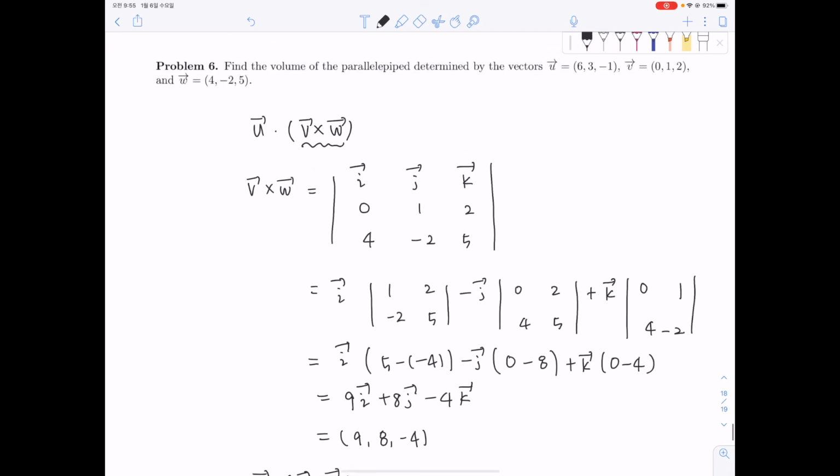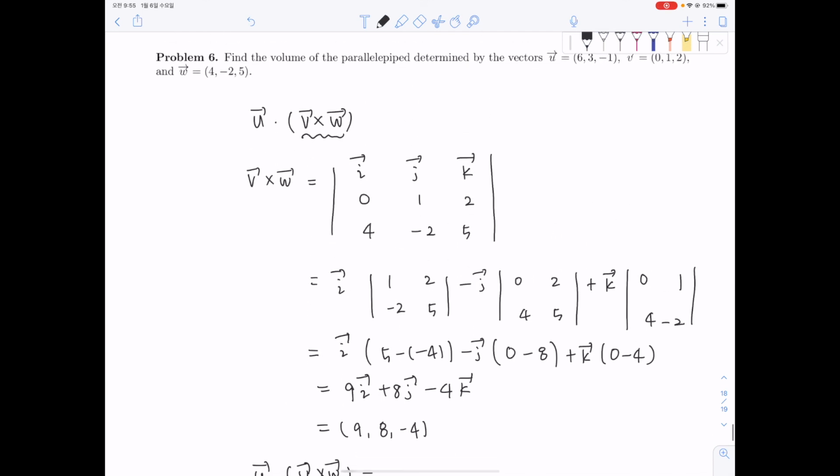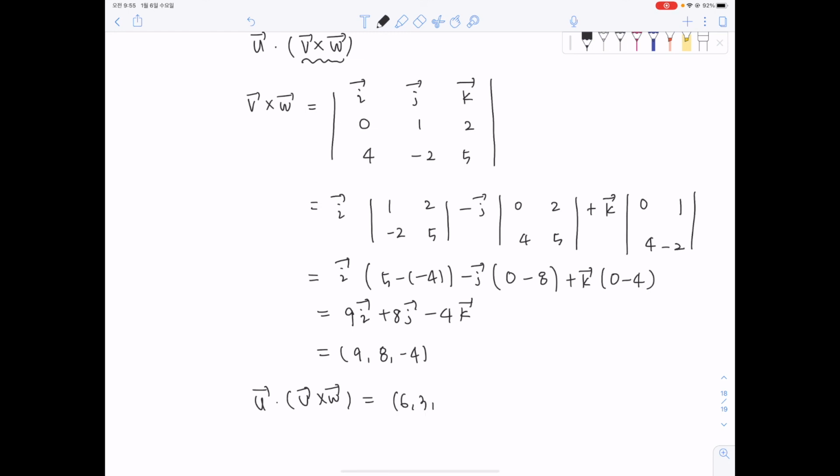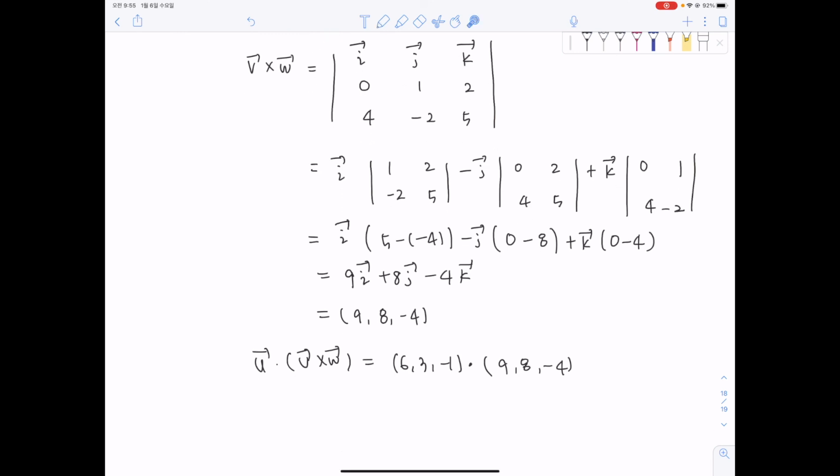So our last step is to calculate the dot product of these two vectors. We know that u is 6, 3, -1, and we take the dot product with 9, 8, -4, which we found in this calculation. So the product is 6 times 9, plus 3 times 8, plus -1 times -4.